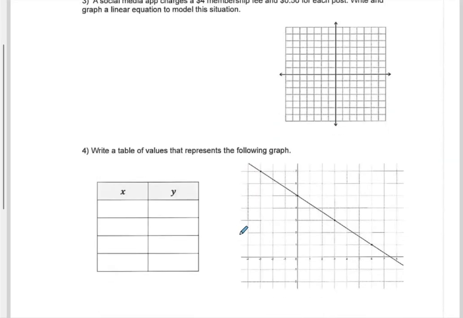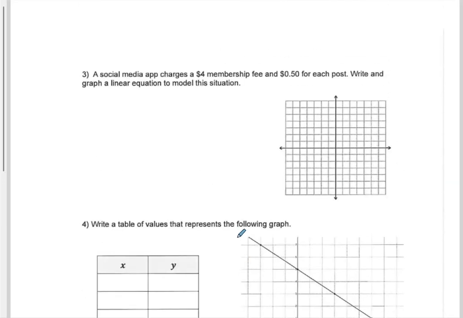Let's go ahead and go through a few more examples here. It says a social media app charges $4 membership fee and then 50 cents for each post. Okay, so these are my two numbers. I just need to write a linear equation. I know that I have my slope times your x. My slope is 50 cents for each post. For each also just means how it's changing.